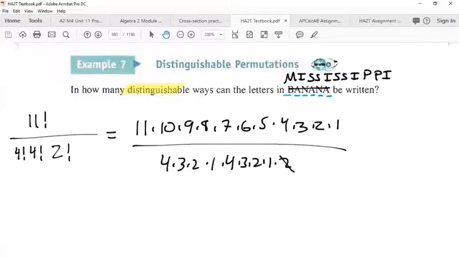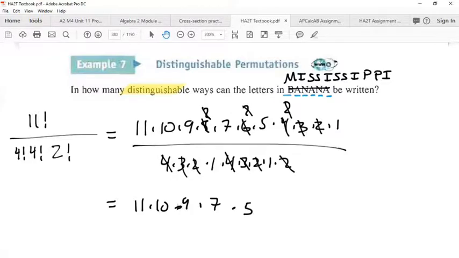So this 2 is going to make this 4 smaller, and it's going to become a 2. And this 4 is going to make that 8 smaller, it's going to become a 2. And this 2 is going to cancel out with that 2. And this 3 is going to make that 6 into a 2. And this 3 is going to cancel out that 3. And I'm going to cross out these 2's because they make a 4. All right, so now I have 11 times 10 times 9 times 7 times 5.